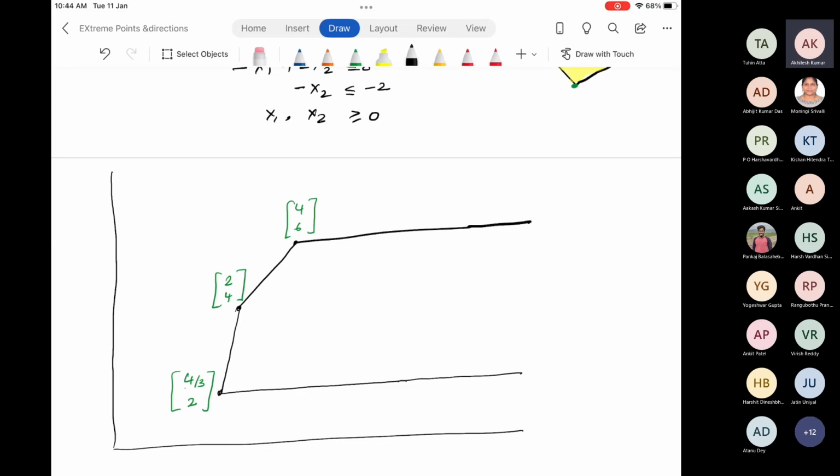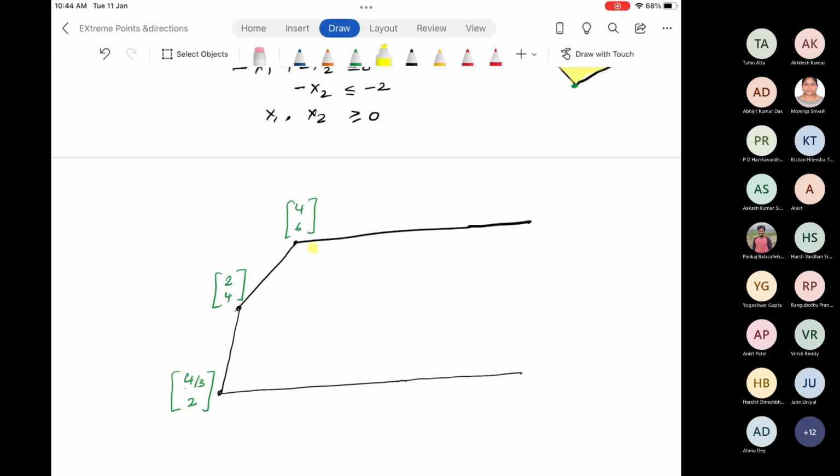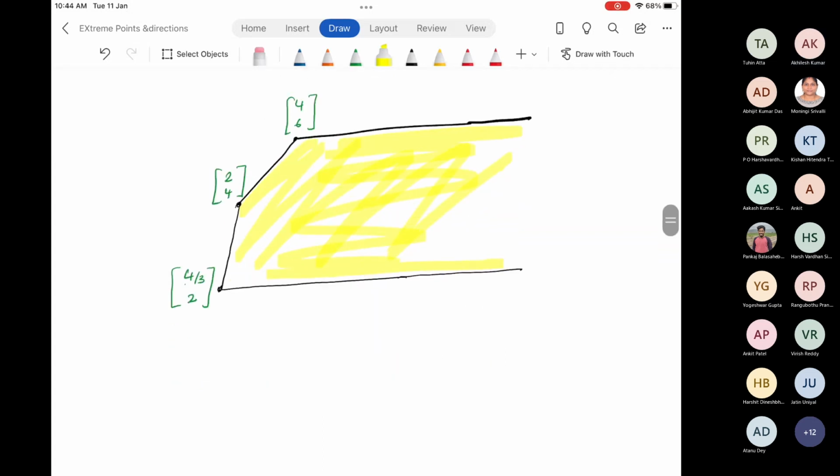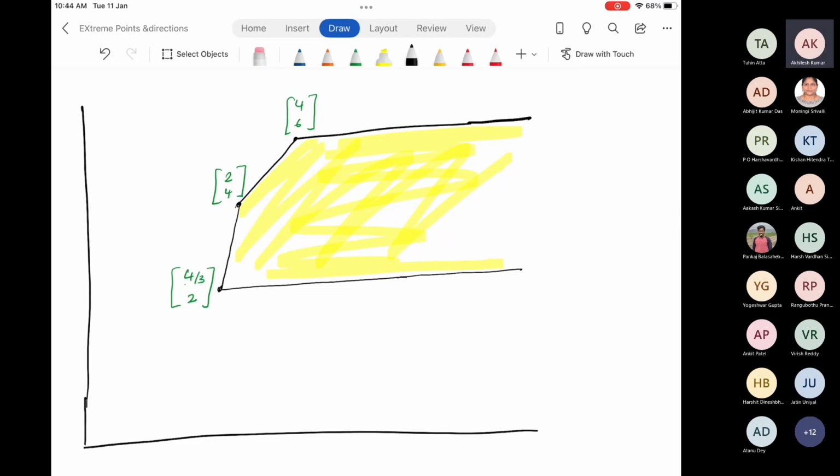Tushar, is it a bounded set or unbounded set? Unbounded, sir. So we cannot explain the points in the convex set using the extreme points. So we need to find the extreme direction. How do we find the extreme directions? Sir, along the directions of the boundary, there are the extreme directions.